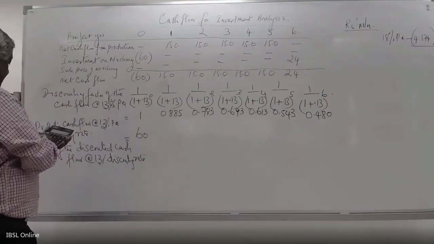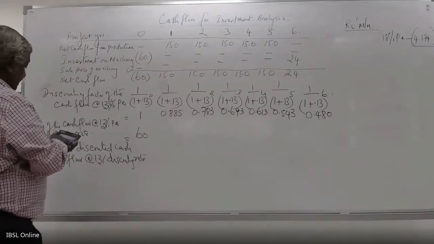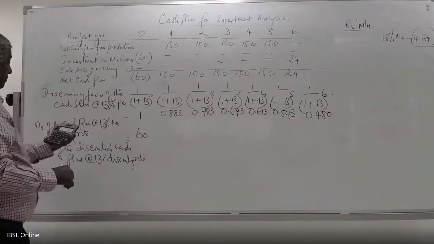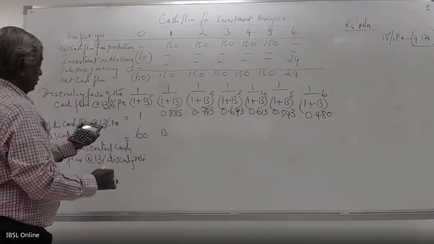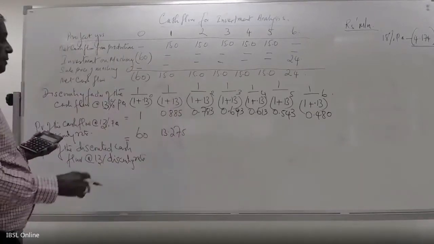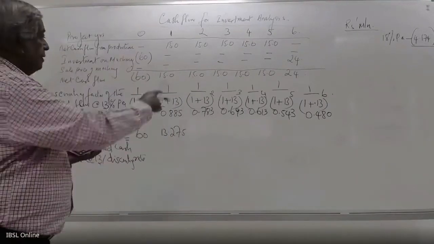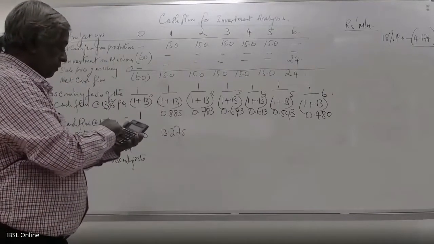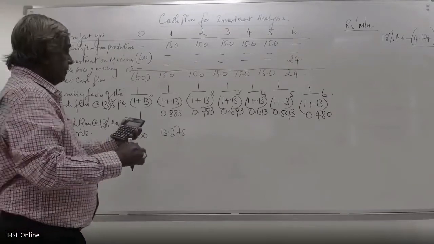Now 15 million into 0.885, equal sign, 13.275. Right. Now multiply 15 by 0.783. 11.745.